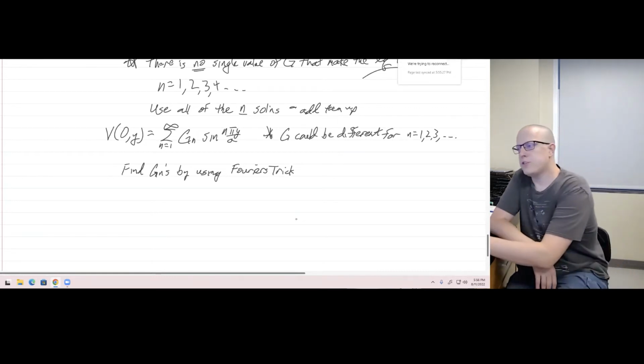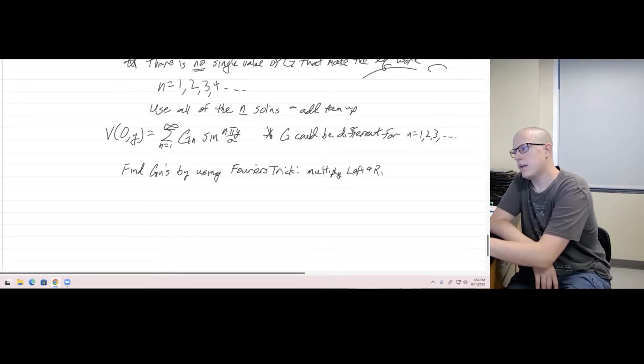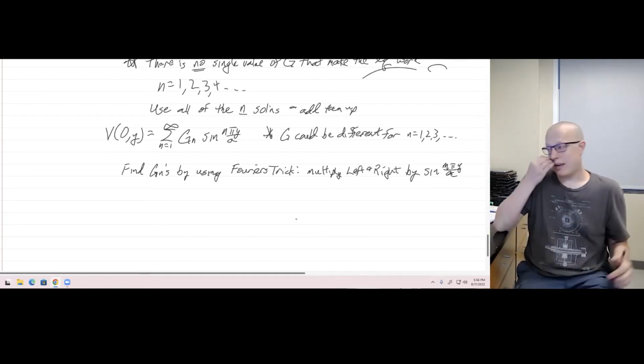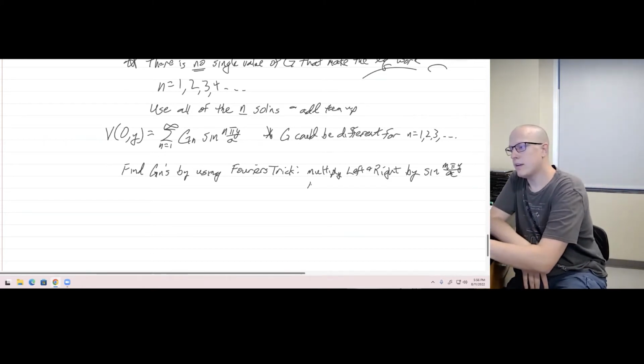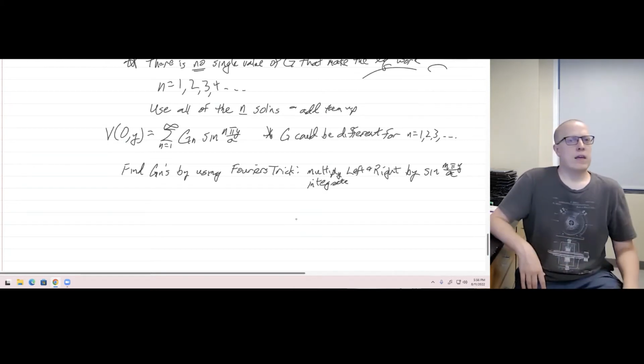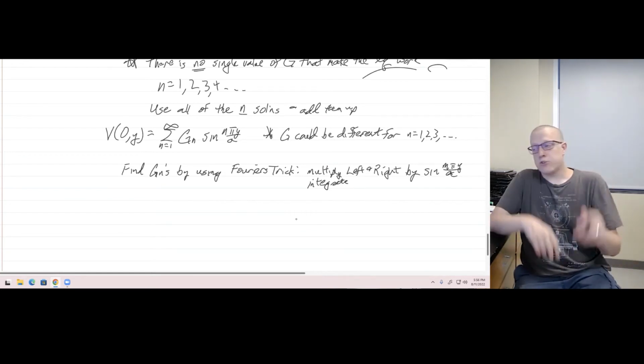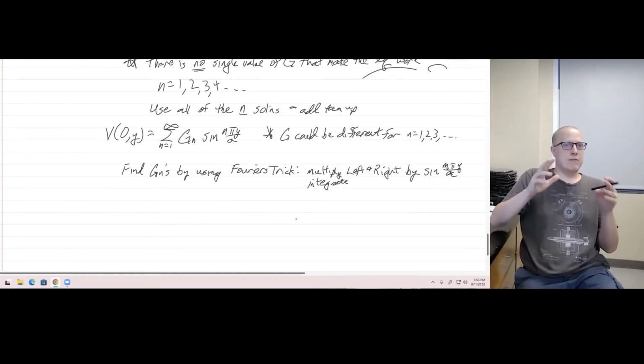To do Fourier's trick, you multiply the left and right by sine m pi y over a, m, not n, and we integrate. And the reason that works, the reason that it's a trick, is because sines and cosines have a particular property.